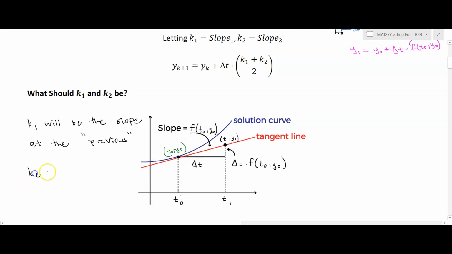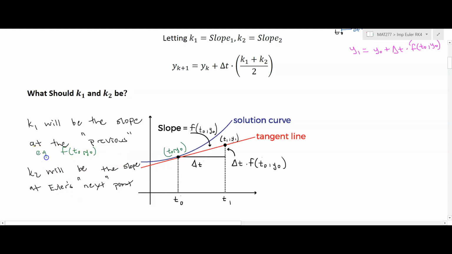K2 will be the slope at Euler's, the standard Euler's method, next point. So in this case, for the drawing, k1 would be the slope at t0, y0. So that would be f of t0, y0.